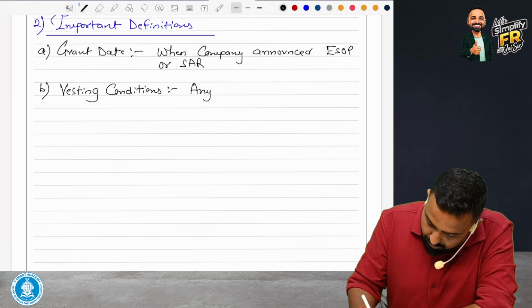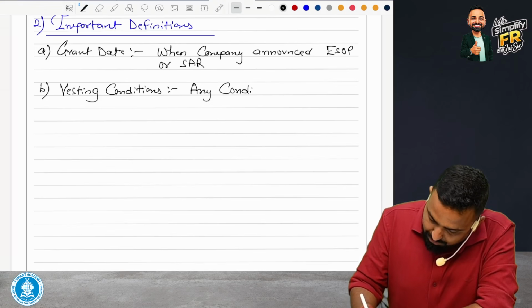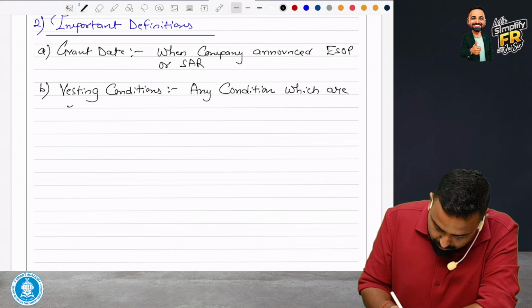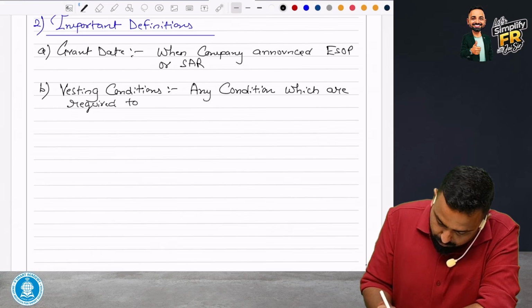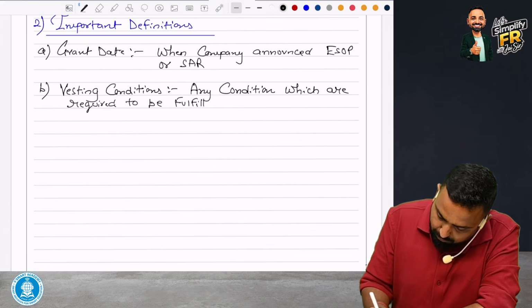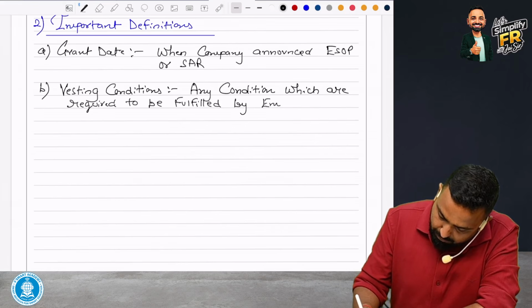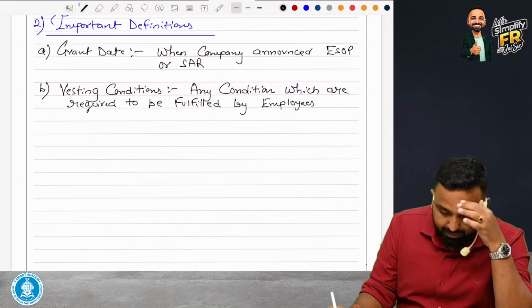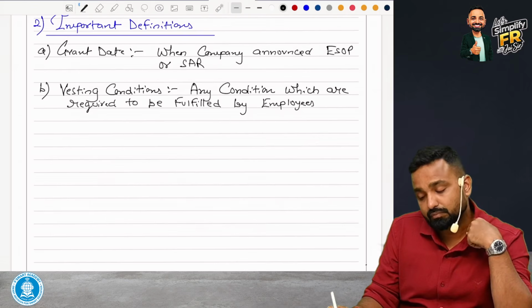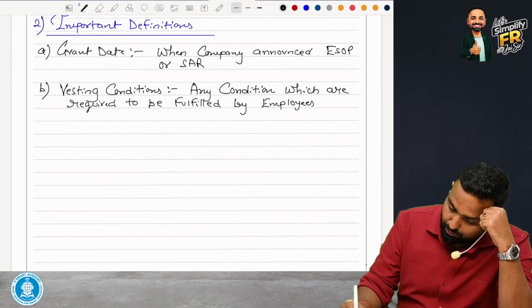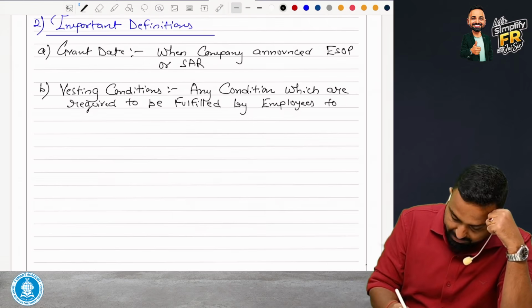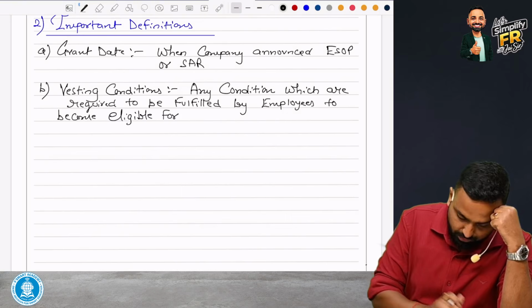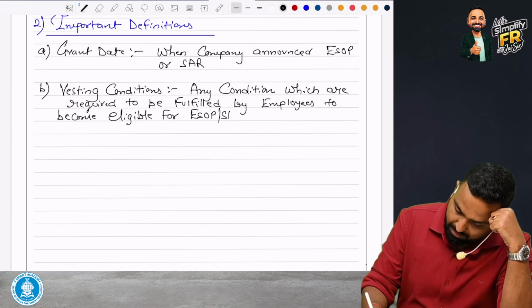Any condition which is required to be fulfilled by employees to become eligible for ESOP or SAR.